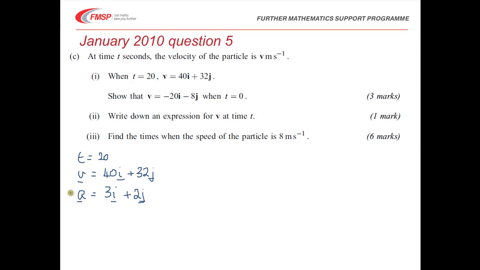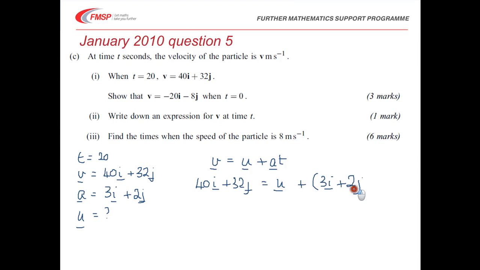And so basically what we want to do is find u. So we're using v equals u plus at, and we can substitute that in. So v is 40i plus 32j equals u, which is what we're trying to find, plus a, 3i plus 2j, times t, which is 20.